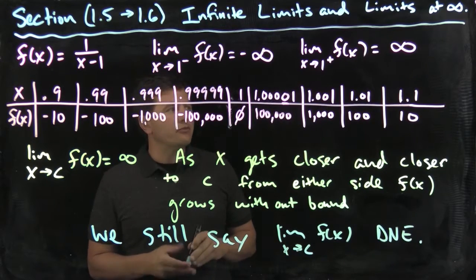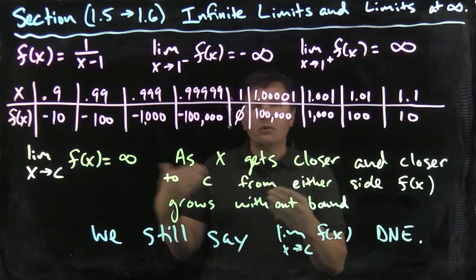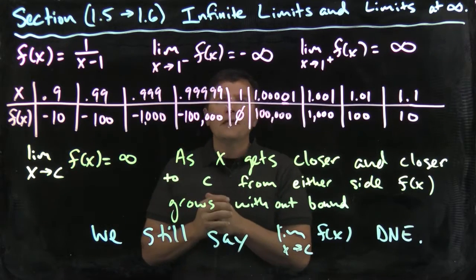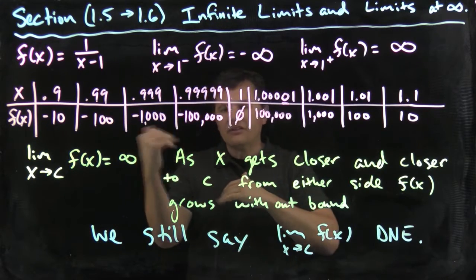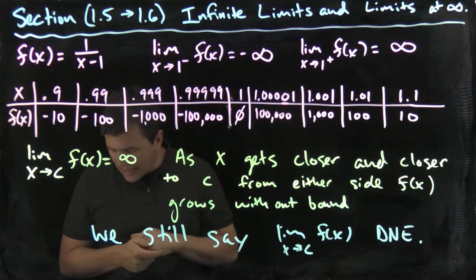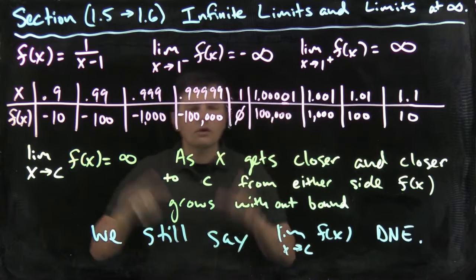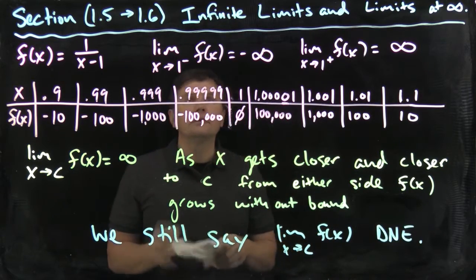So for instance, if I'm talking about continuity, which we talked about in the last section, we would still categorize an output going to plus or minus infinity as the limit not existing. Okay? All right, let's move on.